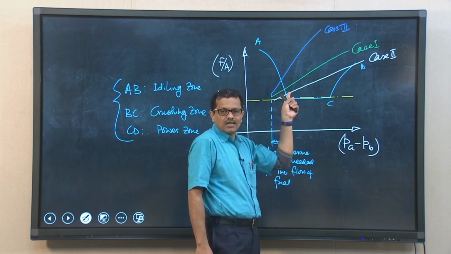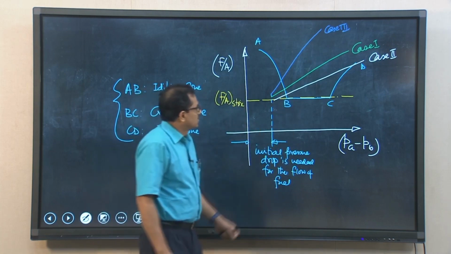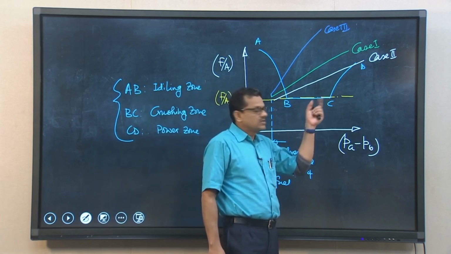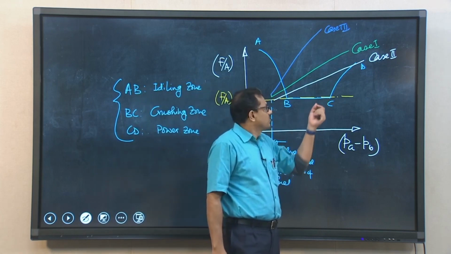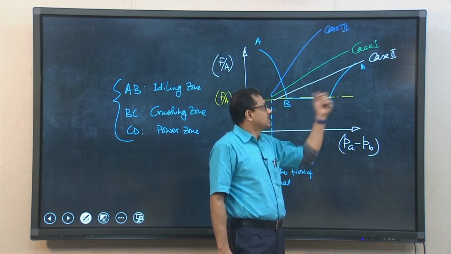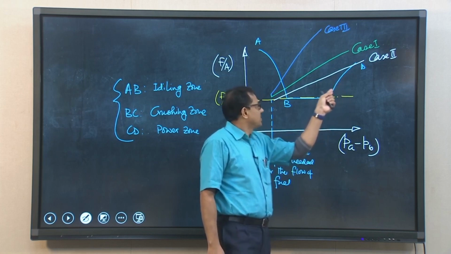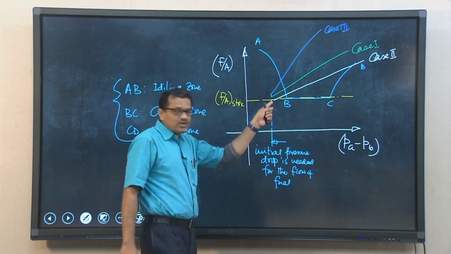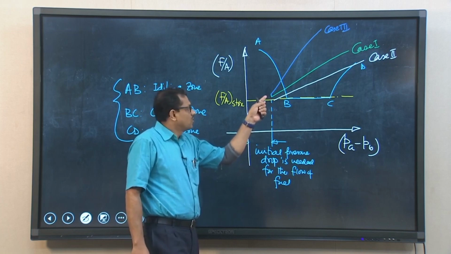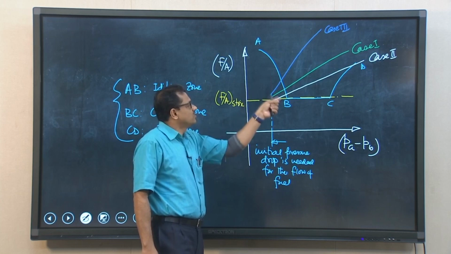Maybe the same carburetor is suitable for the adequate fuel air ratio as needed by the engine during the power zone, but the carburetor is not capable of supplying the required fuel air ratio during the idling zone.